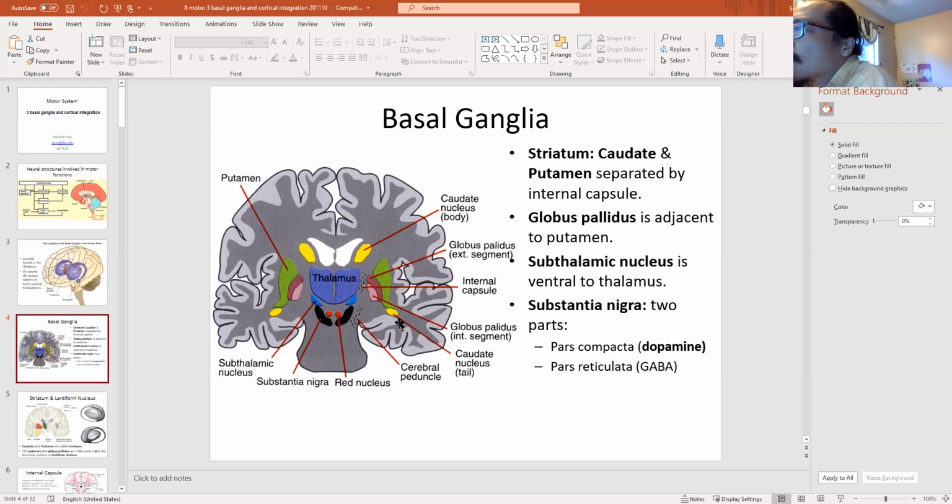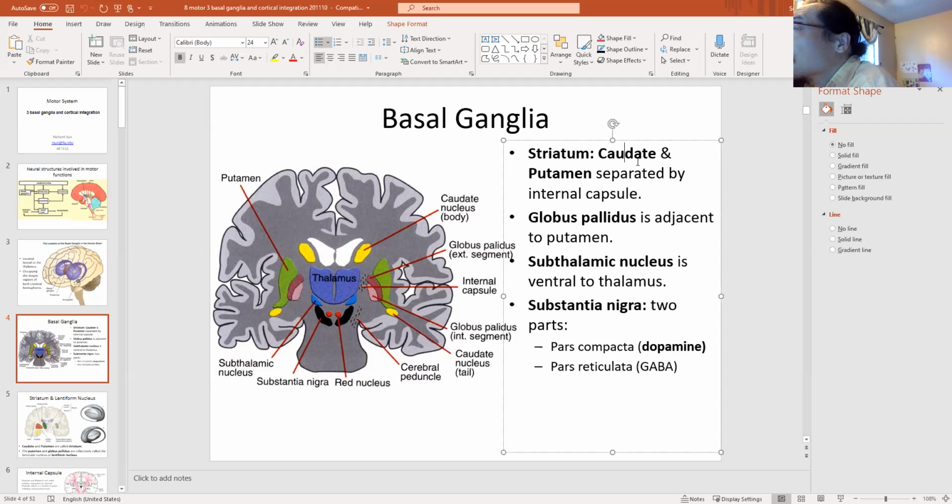So that's that. What else do we have? This is striatum, caudate and putamen, and the globus pallidus right here, adjacent to the putamen. We also have the subthalamic nucleus. It's right here, underneath the thalamus.